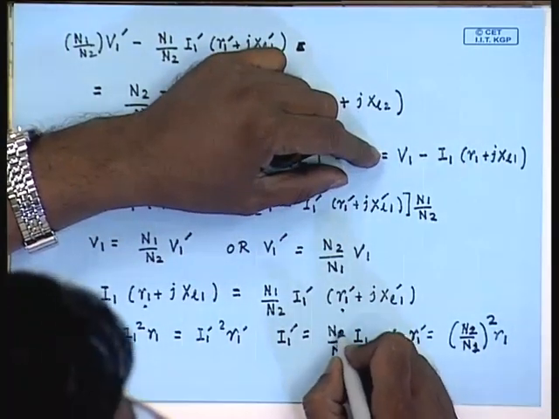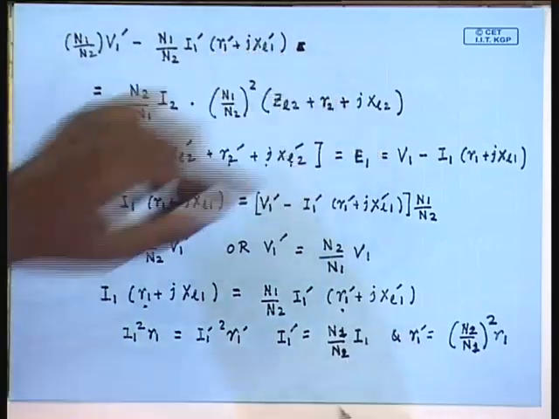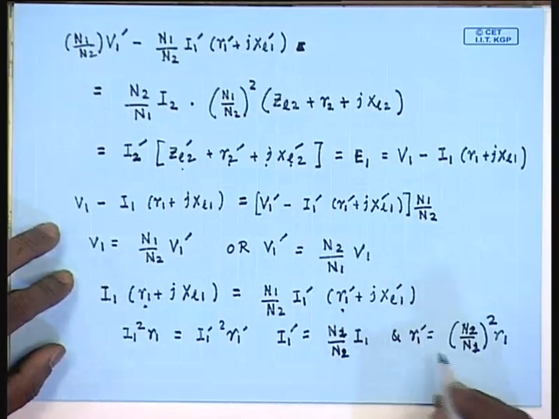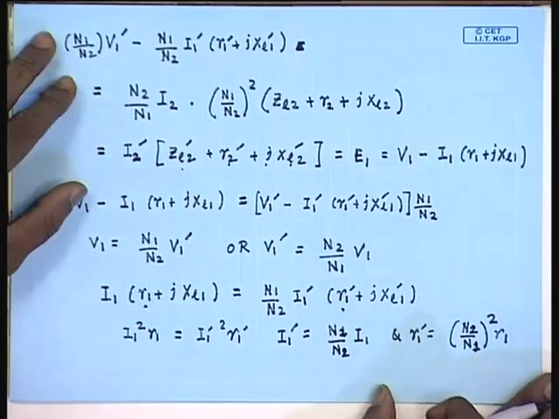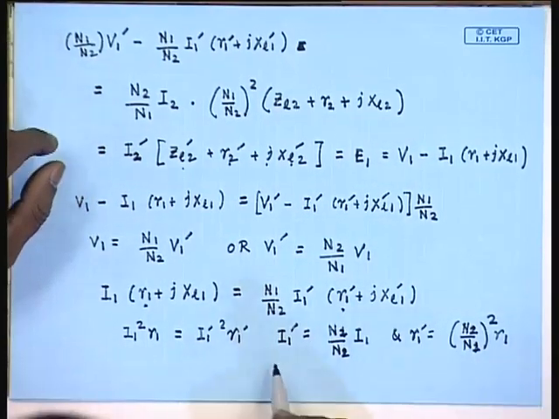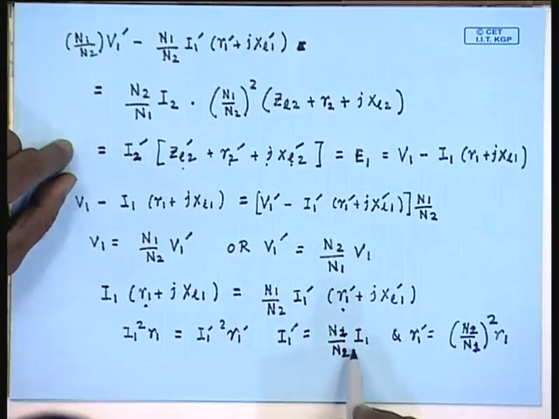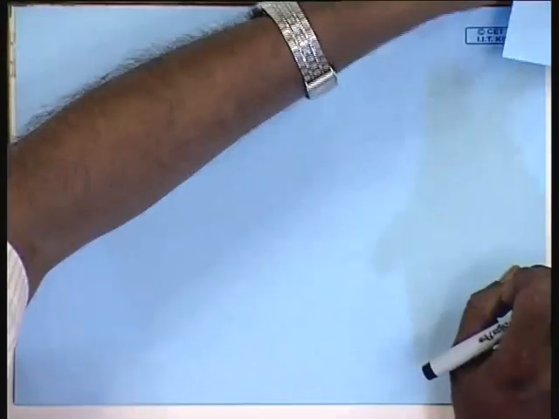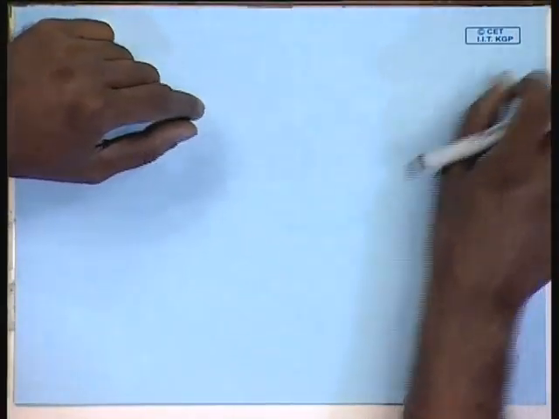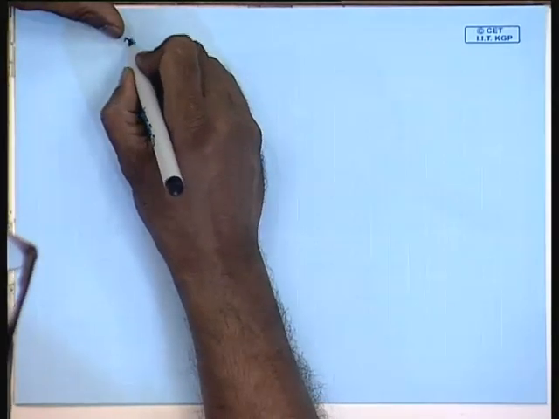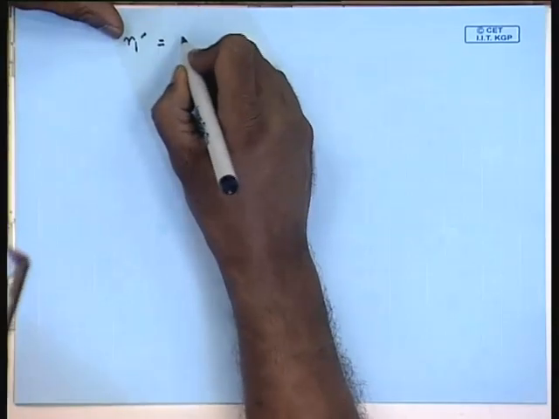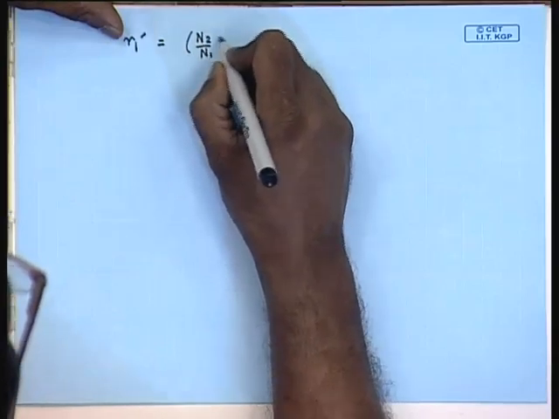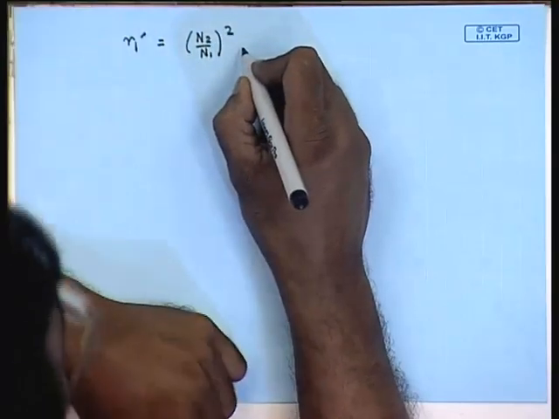I1 dash equal to N1 by N2 into I1 and I1 dash square R1 dash equal to N2 by N1 square into R1. Therefore, we will say R1 dashed will be equal to N2 by N1 square into R1.